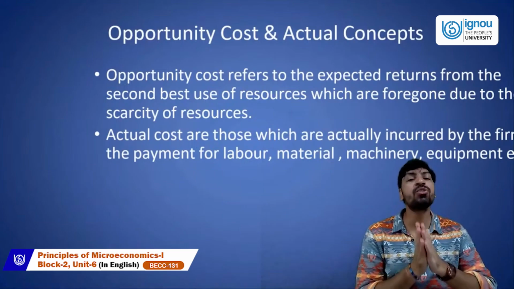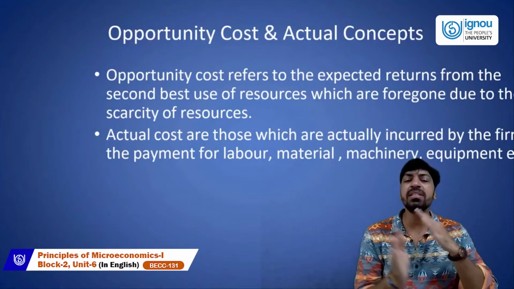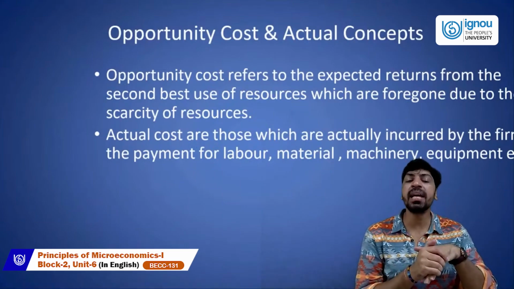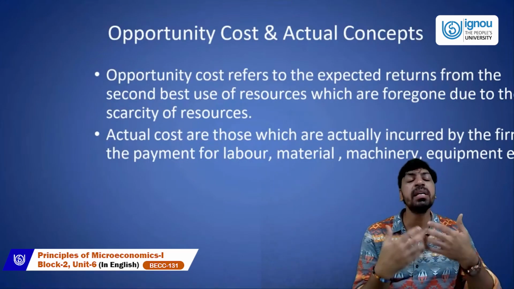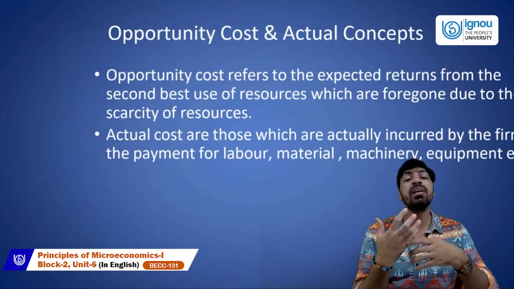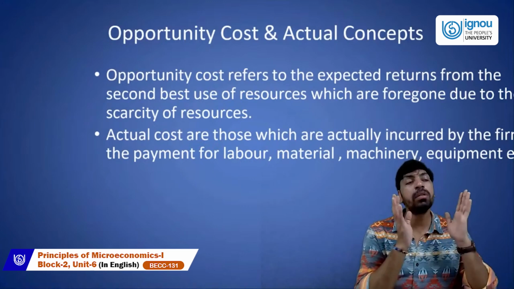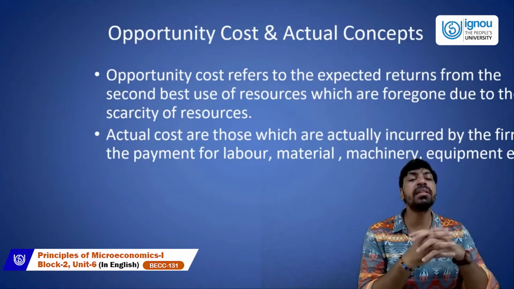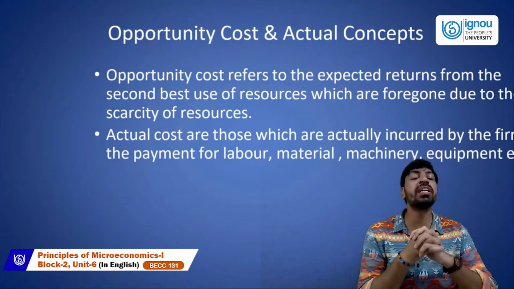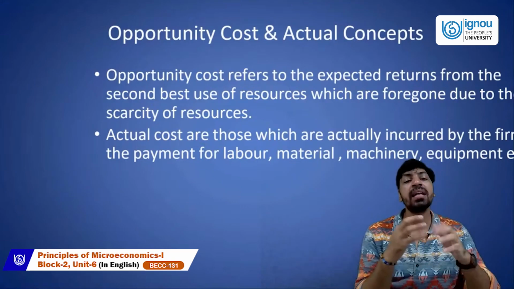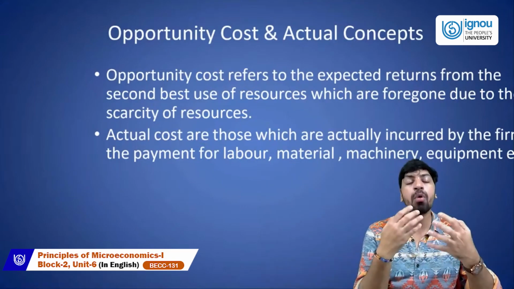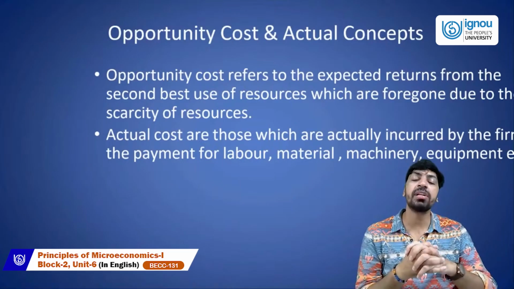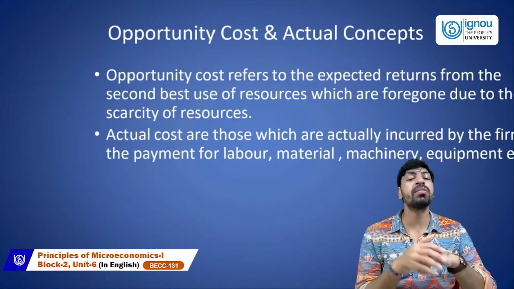That's called the actual cost. So, what is the difference between the opportunity and actual cost? Opportunity costs are the expected returns that a particular firm will get from the best alternatives that have to be foregone due to the shortage of a particular resource.